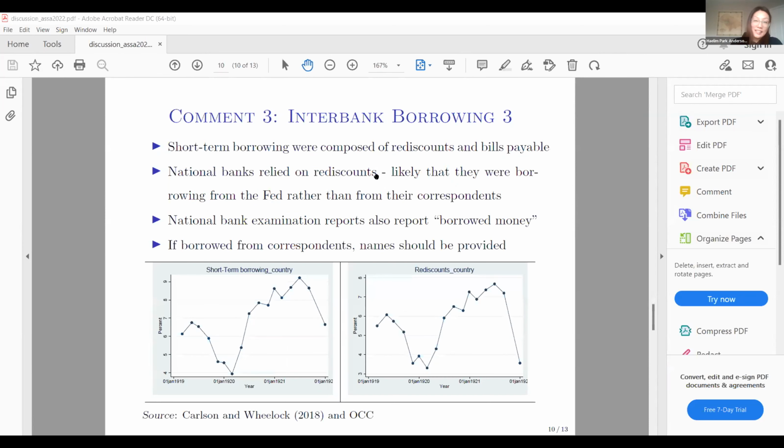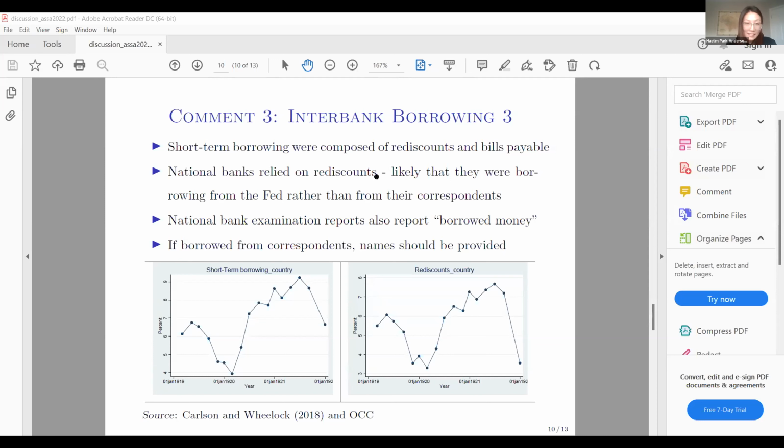So why do I say this? Because I think you are too concerned about the interbank relationship. Short-term borrowing was composed of rediscounts and bills payable. In my study, I studied non-member banks, and most of that was bills payable because they were borrowing from member banks, and then liquidity was being passed through.